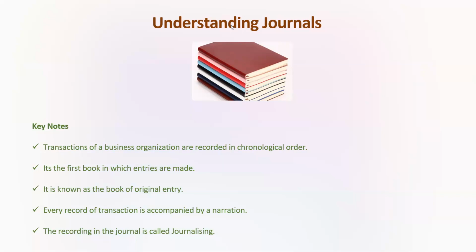All the transactions are recorded in chronological order, that is date wise. That's why it's considered historical data. It's a document for maintaining the historical data of the transactions. So the journal's first rule is to record the transactions in historical order.